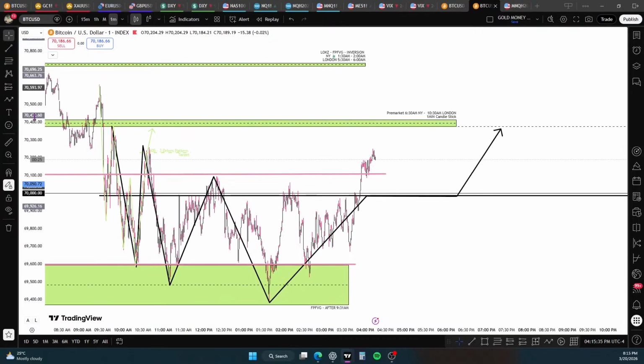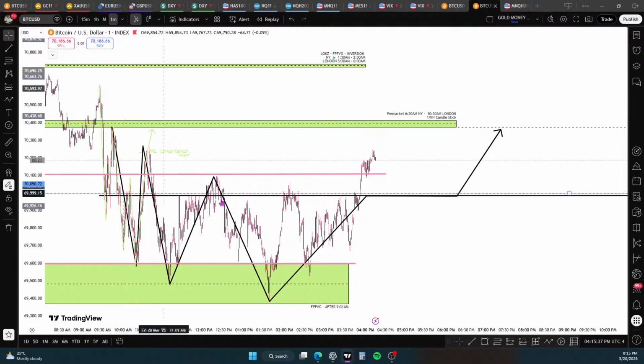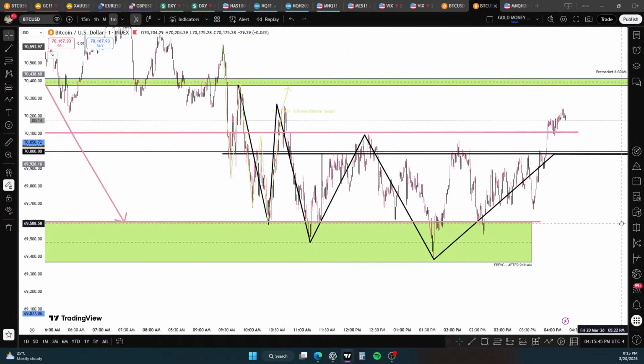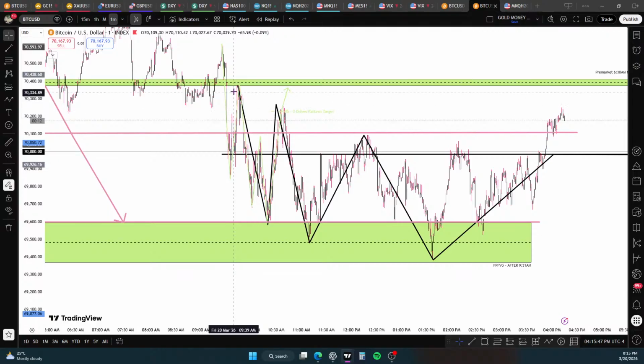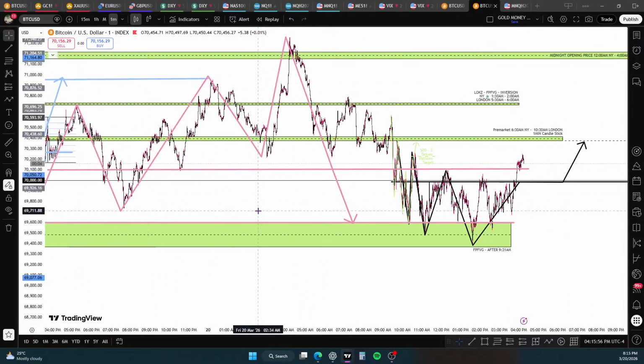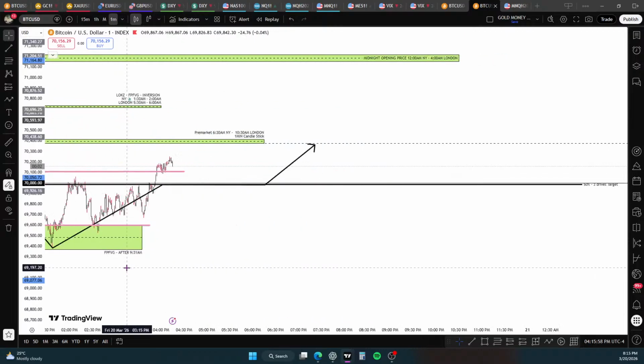And then the 50% retracement, which is this black line, is accurate because it's, I don't know, I'm gonna stop over explaining it. Sorry, no, I should finish what I'm saying.